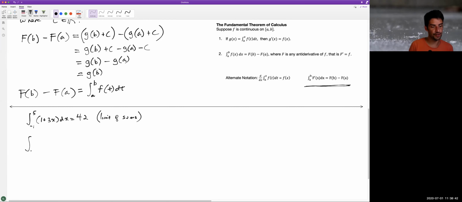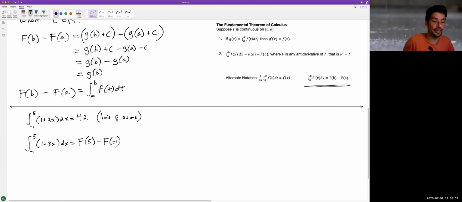Let's use the fundamental theorem of calculus to solve this now. So 1 plus 3x is certainly a continuous function, so we satisfy the conditions that we need for f to be continuous. And so in order to compute this integral, we simply need to take f of 5 minus f of -1.